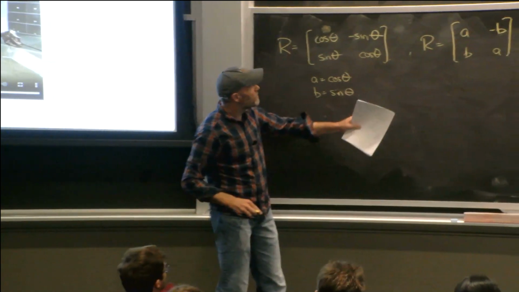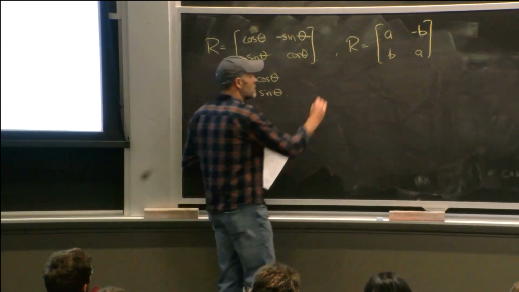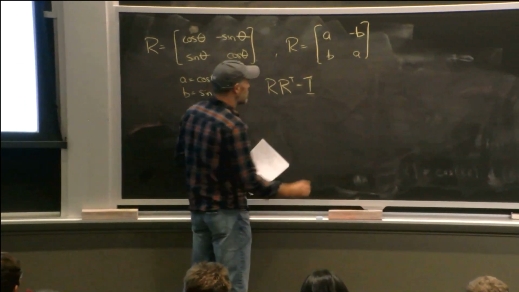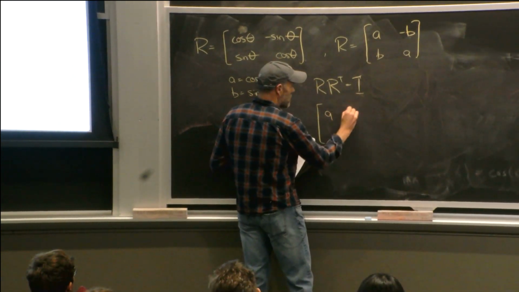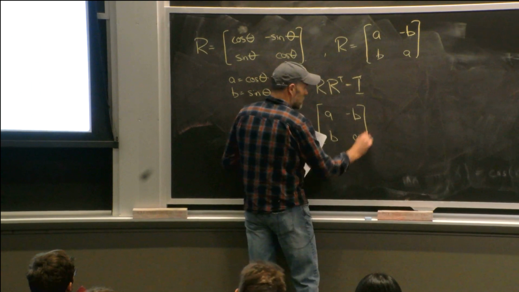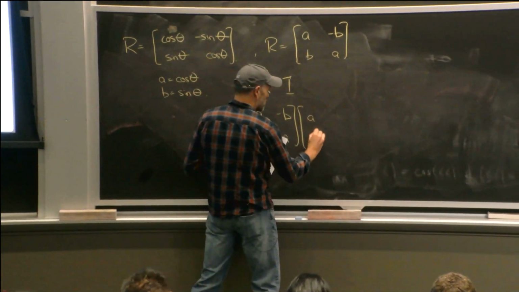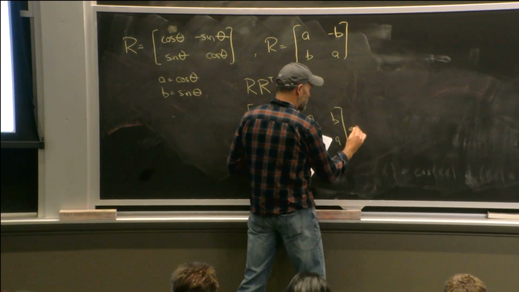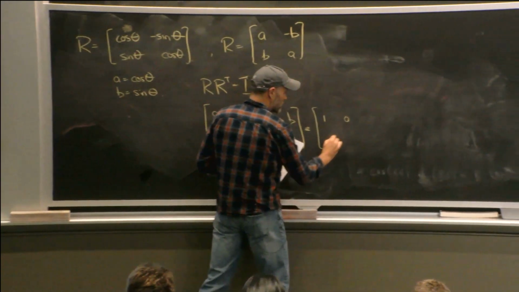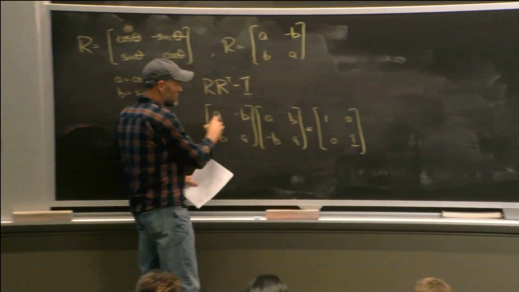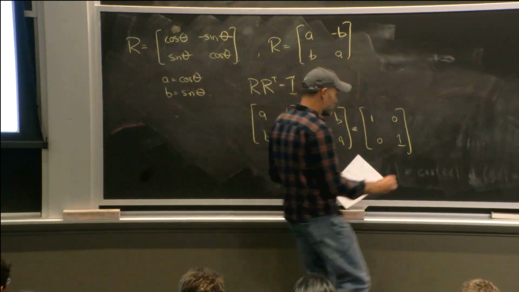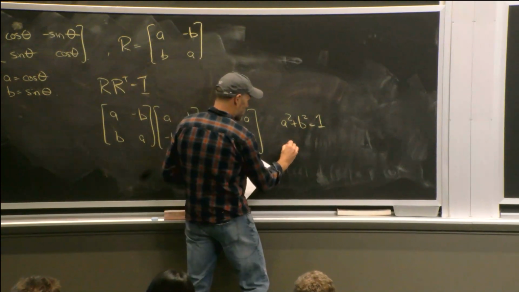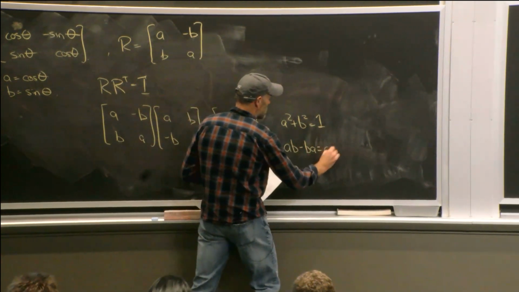All right, so let's just multiply this out. What does R times R transpose look like? Well, that looks like A, negative B, B, A, times the transpose of that. And in order for this to equal 1, 0, 0, 1, that implies A squared plus B squared has to equal 1, and it says that AB minus BA has to equal 0.